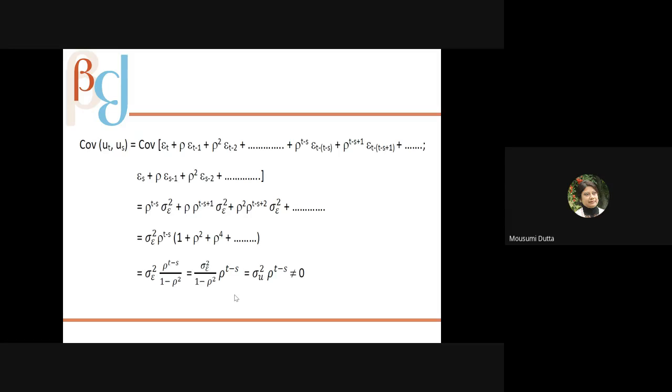To calculate the covariance of u_t and u_s, I am writing the infinite MA process for both u_t and u_s. For u_t, the infinite MA process is given by epsilon t plus rho epsilon t minus 1 plus rho square epsilon t minus 2, up to rho to the power t minus s epsilon t minus (t minus s).